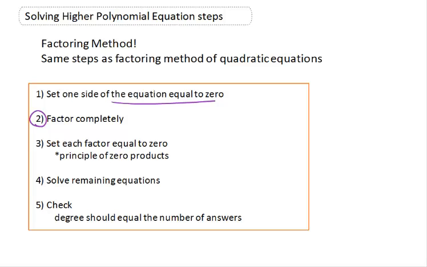Once we have it factored completely, we use the principle of zero products, which said, if we have something times something equal to 0, then either A equals 0 or B is equal to 0. So if you can put it in the format of multiplication equal to 0, then you just set each factor equal to 0.